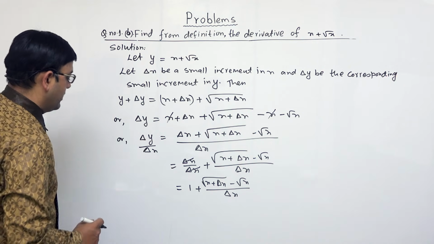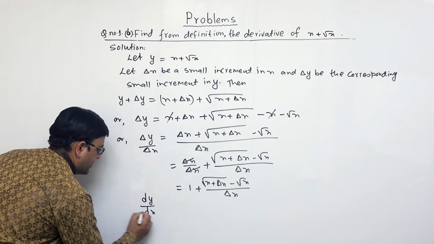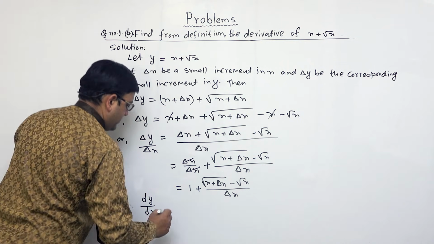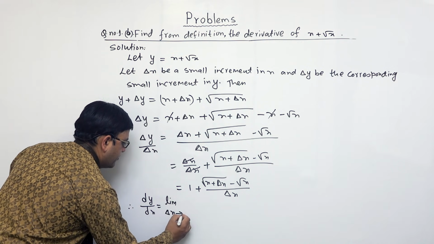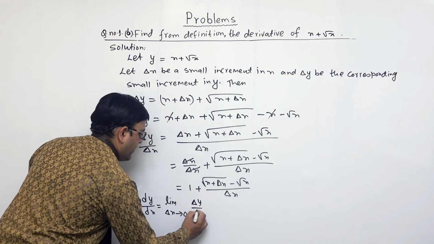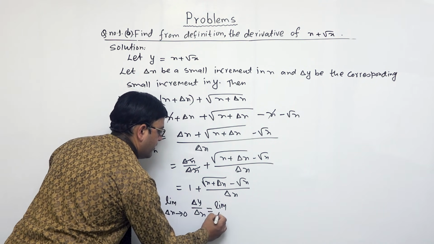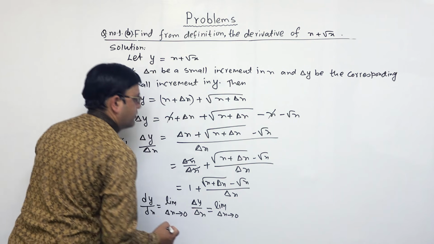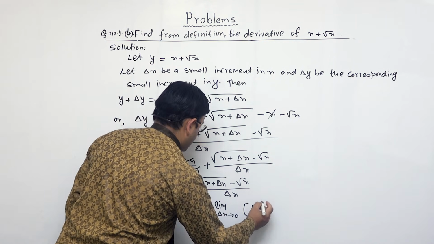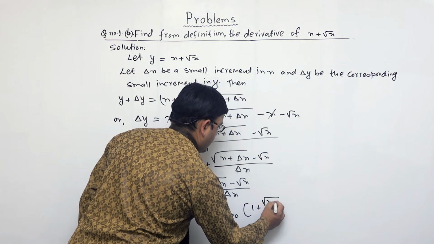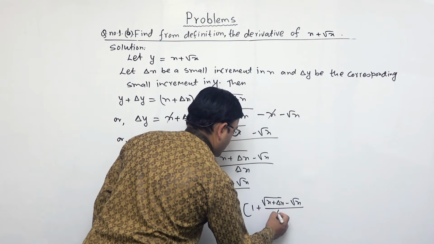Now we have to write del y by del x means dy by dx. Therefore dy by dx is equal to limit del x tends to 0 of del y by del x, which is equal to limit del x tends to 0 of 1 plus root x plus del x minus root x divided by del x.